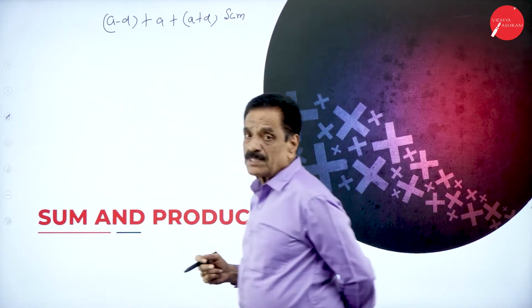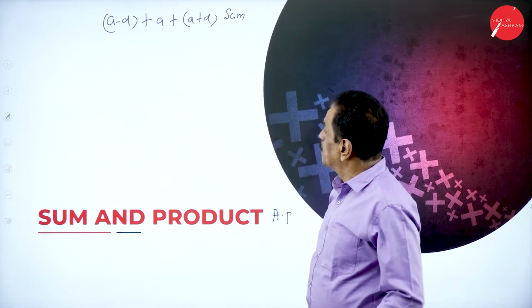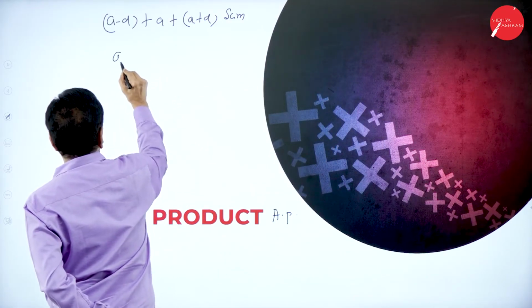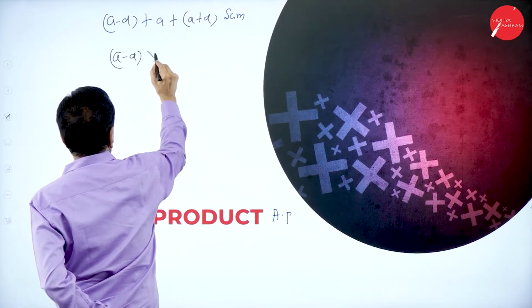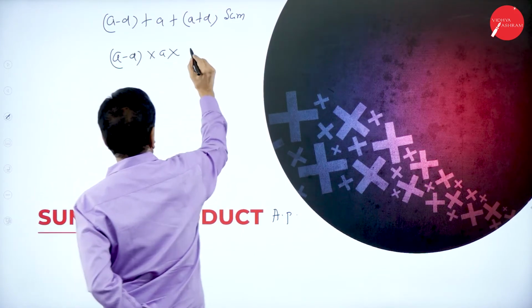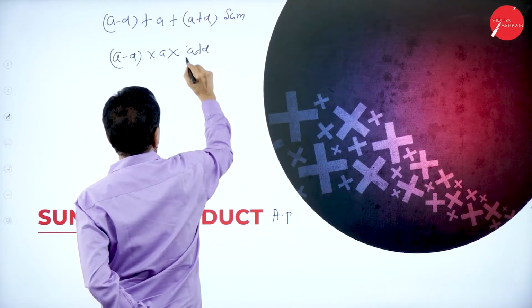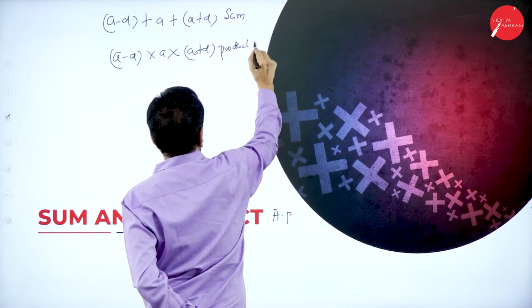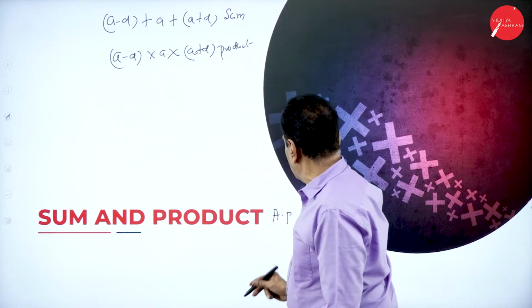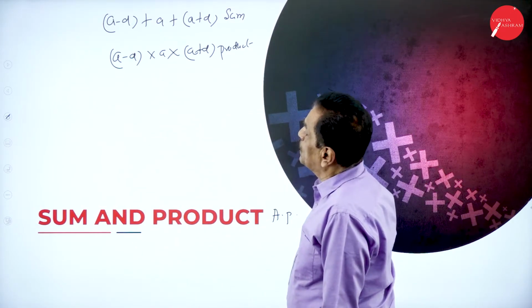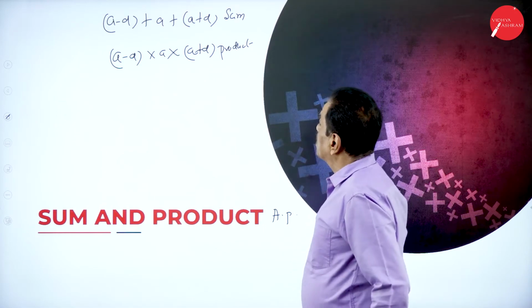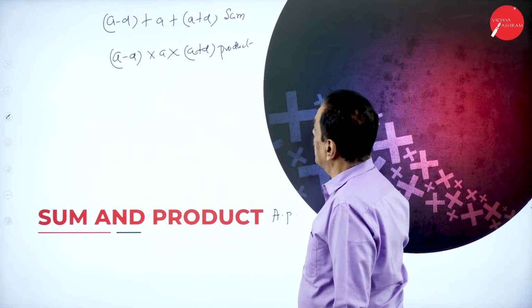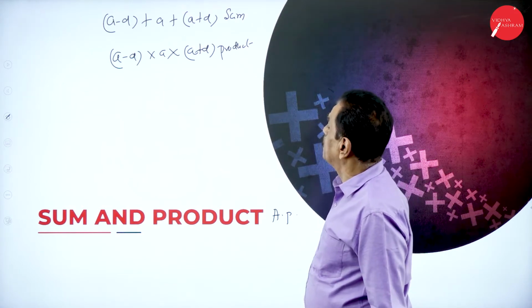Sum of the numbers: a minus d plus a plus a plus d. Product of the numbers: a minus d into a plus d. This is the product.